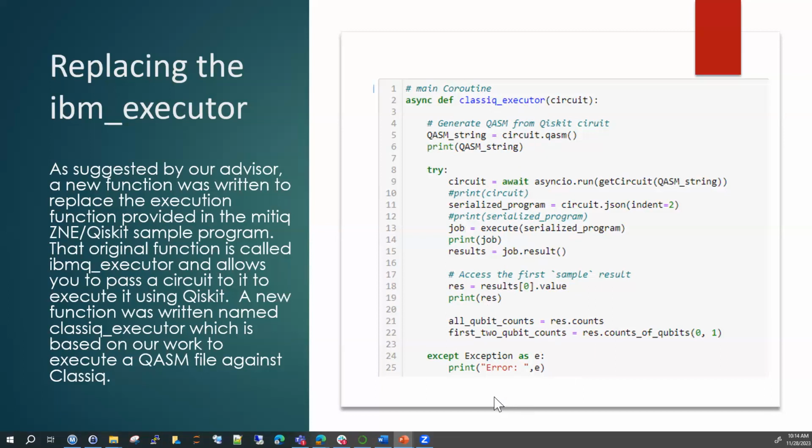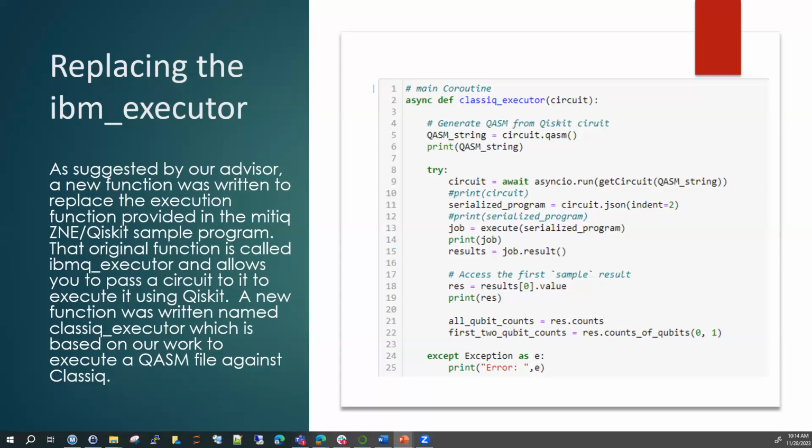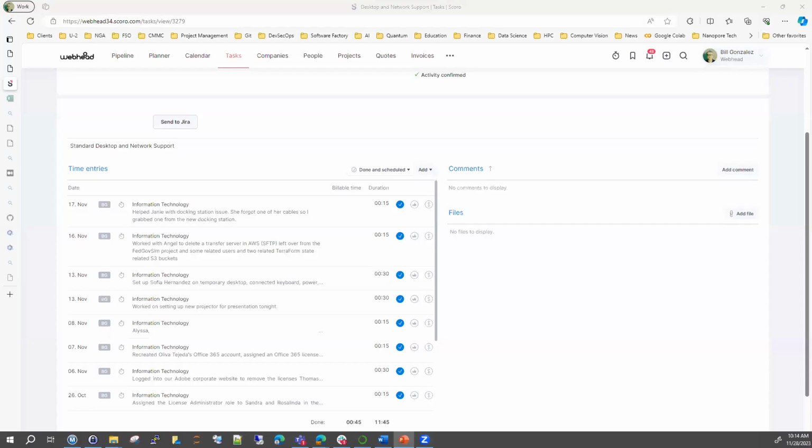And then we're going to use Classic to run it against IBM backends. But initially, right now, we're just running it against a simulator. So the intent of this is now that we've replaced this, we should now be able to introduce some MIDIC modified circuits.